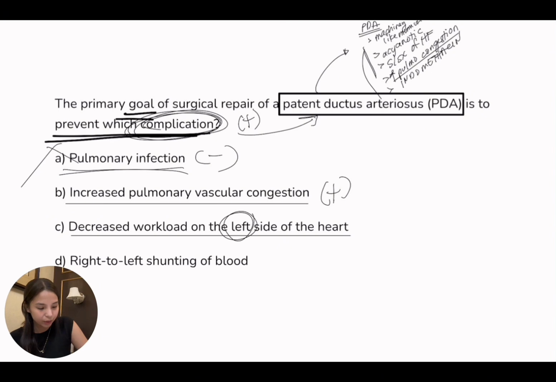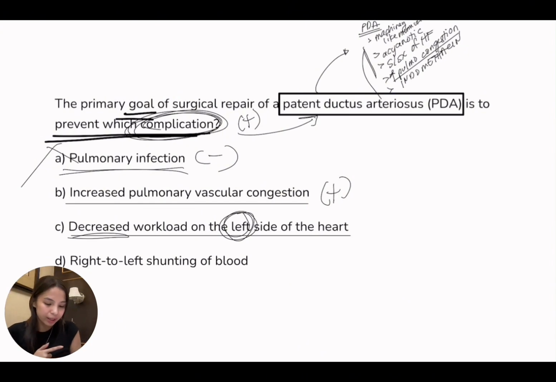What is the left side of the heart? The left side pumps blood to your aorta. But there is a lot of blood flow again to the heart, to the lungs.